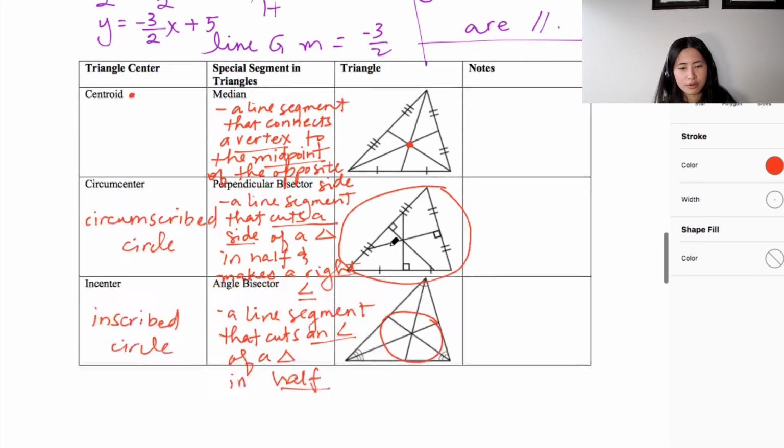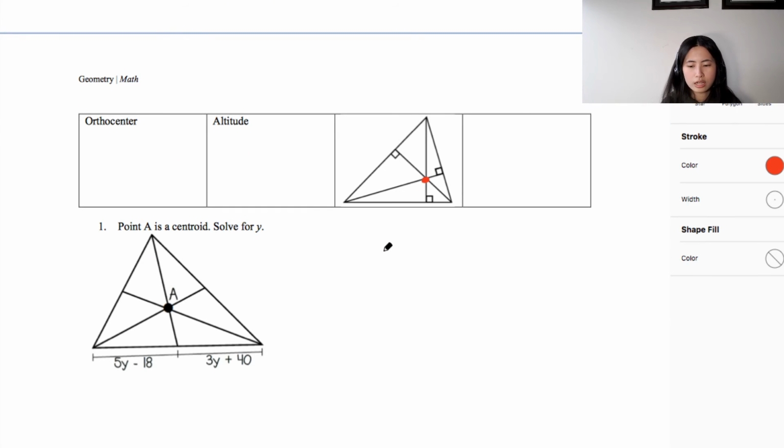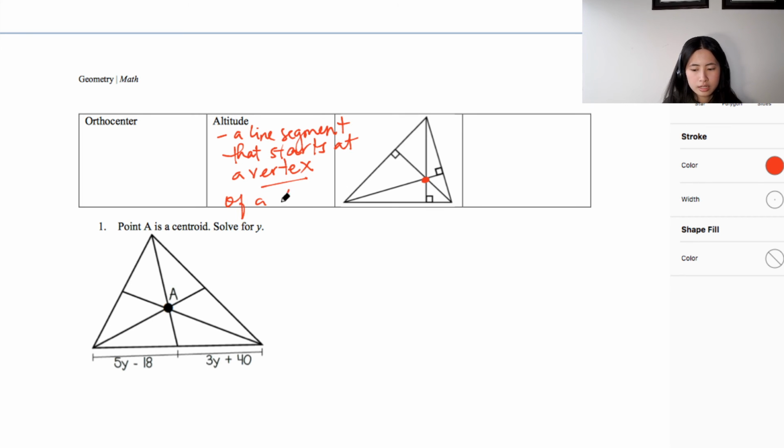It's not starting from a vertex. So an altitude is a line segment that starts at a vertex as opposed to a side of a triangle and is also perpendicular to the opposite side.